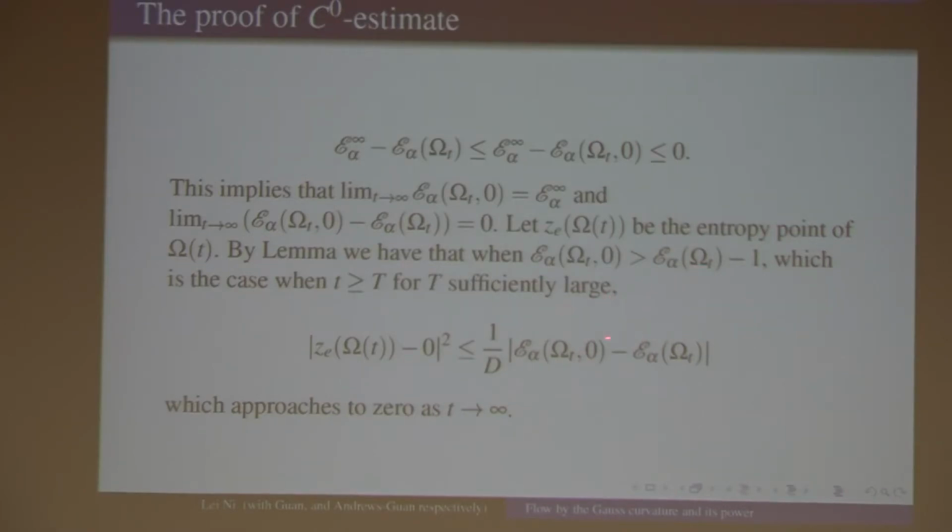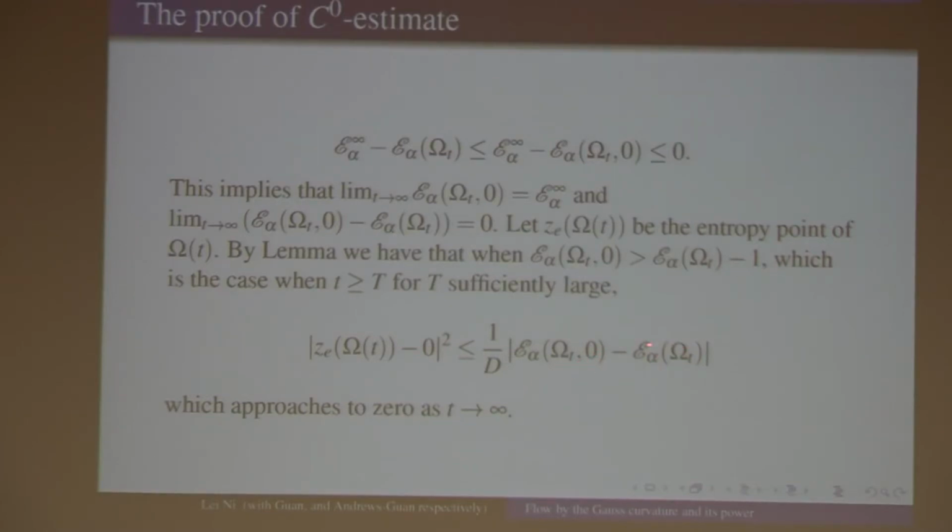Our previous estimate basically says the distance between the entropy point and the origin is going to be controlled by the difference of the entropy at the entropy point and the entropy at the origin.